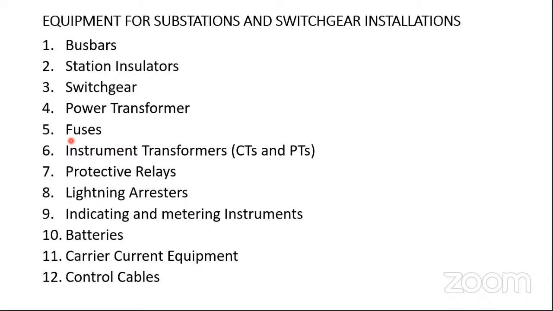Instrument transformers are for the purpose of measuring current and voltage: current transformers and potential transformers. Protective relays. Protective relays are already discussed. They are for protecting the circuit from various faults.